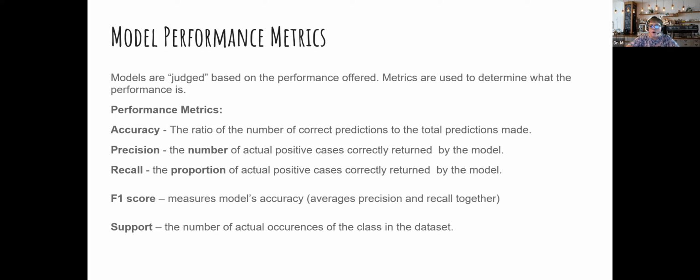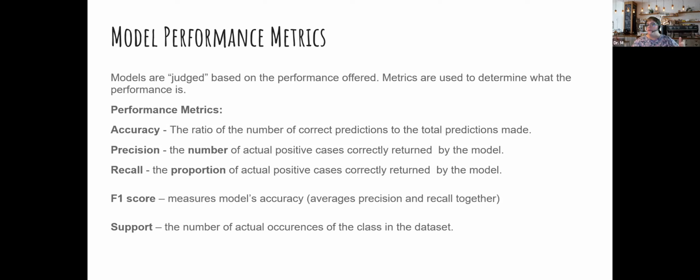And then support is the actual number of occurrences of the class in the data set. So what this means is, and I'll give you a scenario. Let's say we're trying to determine if mail is spam, and we know that some are spam and some are not spam, or at least they're supposed to be, right? And we create our model, we give it data, and then we find out that we had very little support for spam.